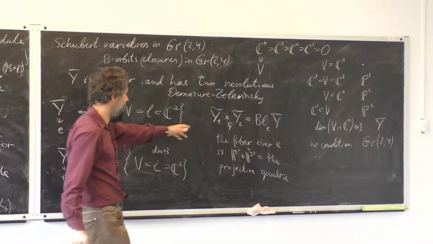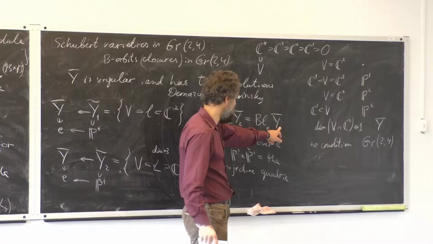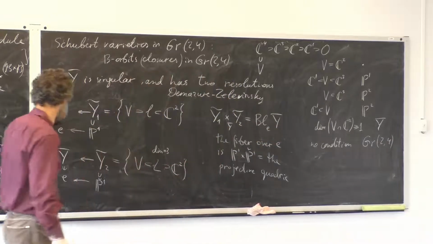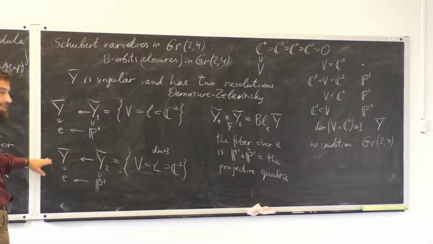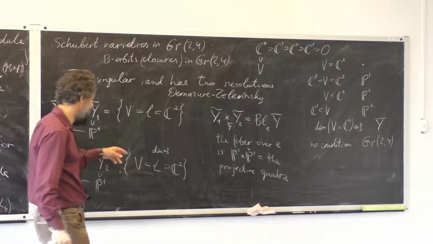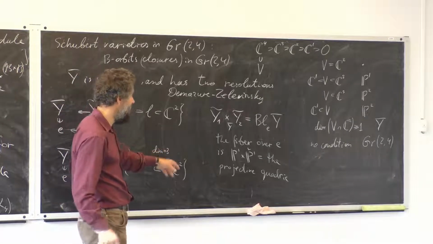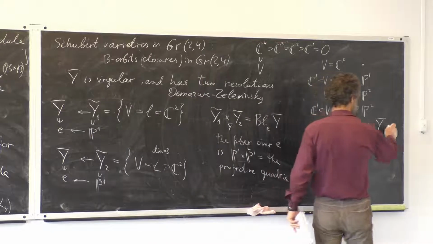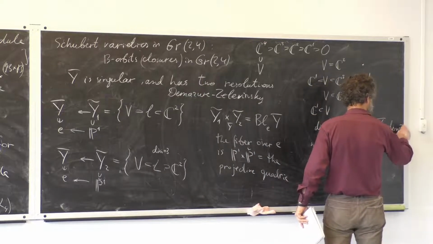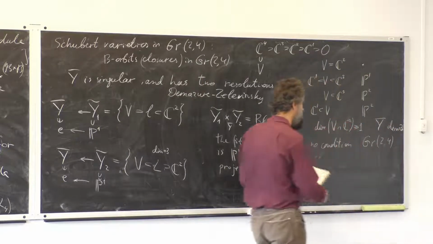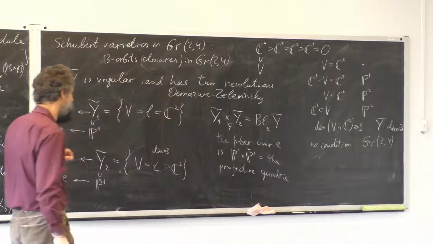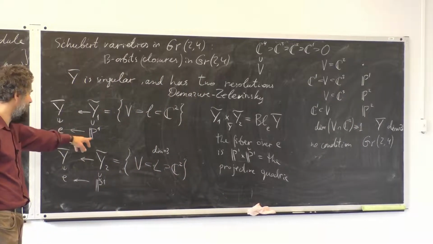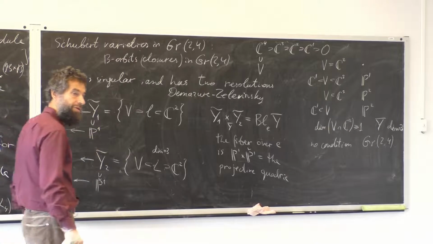You see, somehow this blow-up has two-dimensional fiber, but those guys have one-dimensional fibers, and they're called small because the fibers appear in codimension 3. This guy has dimension 3. And there is only a singular point in codimension 3, and the fibers in codimension 3 are only one-dimensional. It's called dimensionally small.